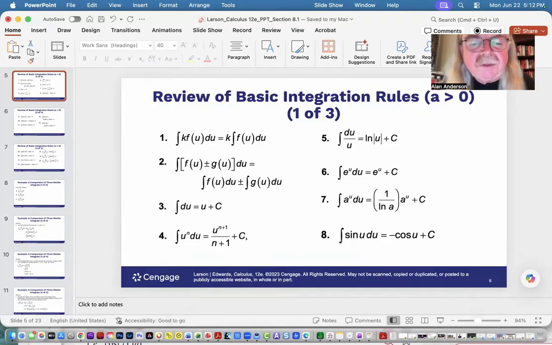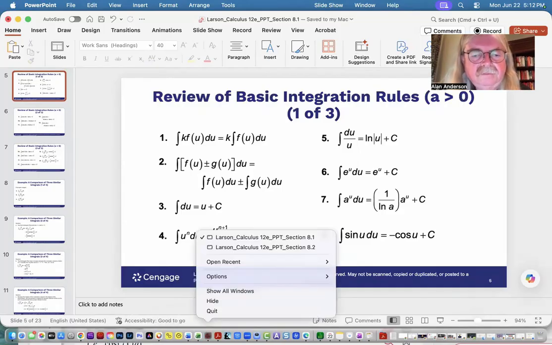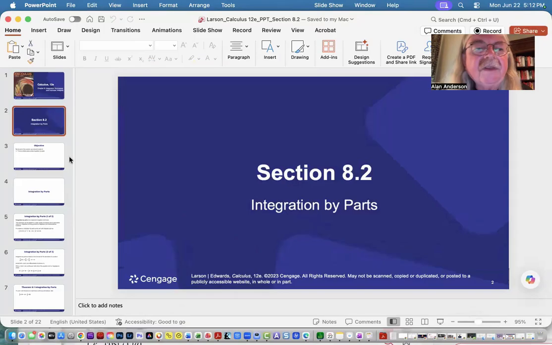So, for example, in 8.2, we're going to see another technique which is going to enable us to solve integrals of a specific type. This is referred to as integration by parts. And this one is really good for when you have an integral of a product of two fairly complicated functions.